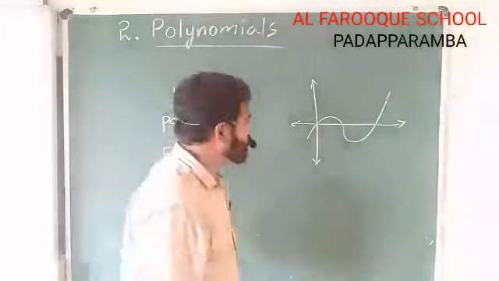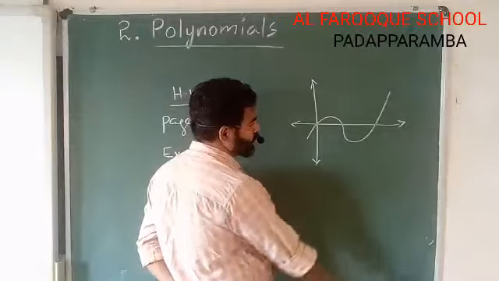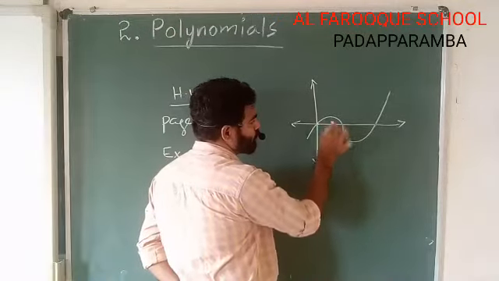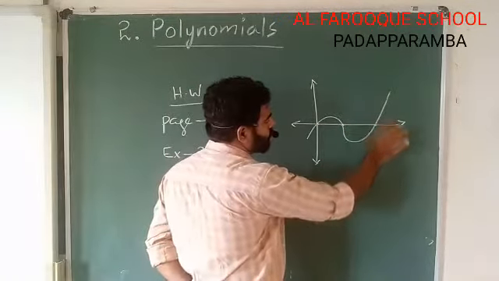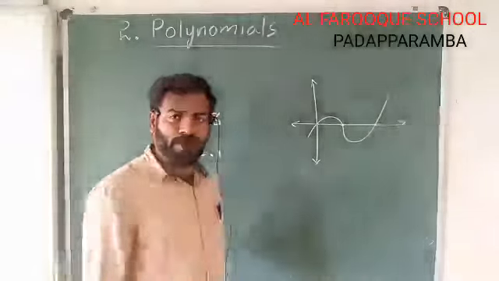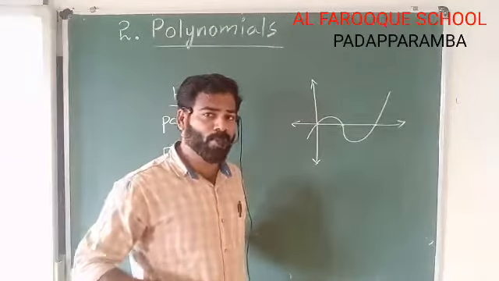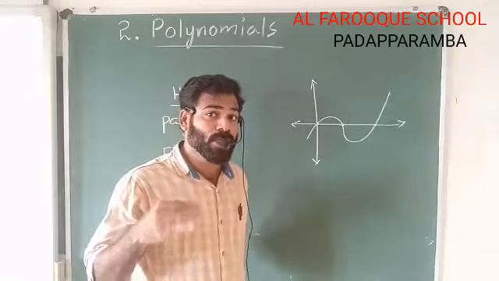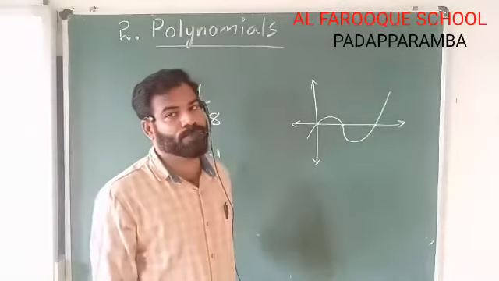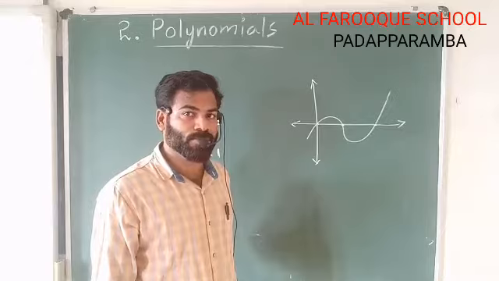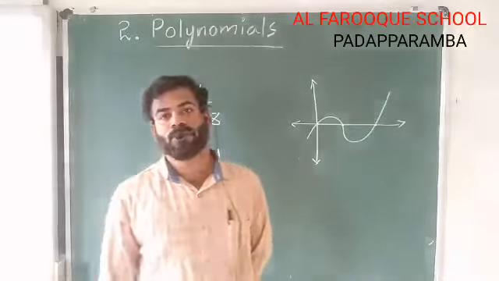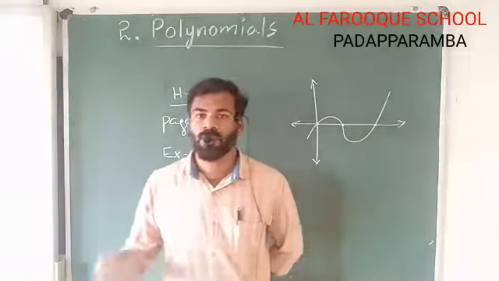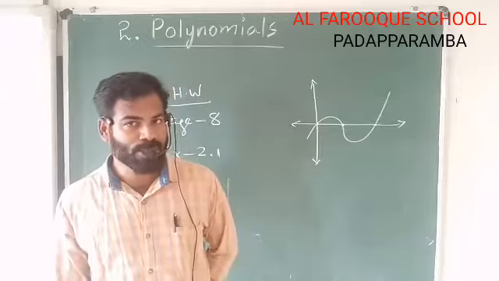So here, how many points of intersection? Here 1, 2, 3, which means a cubic polynomial has at most 3 zeros. Is it clear? Okay.